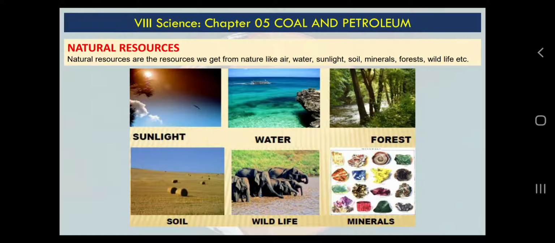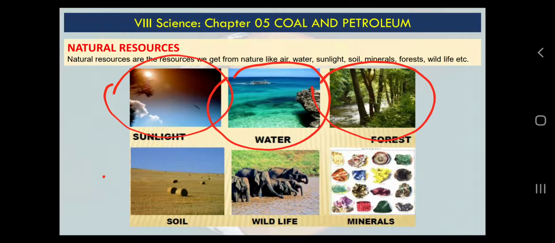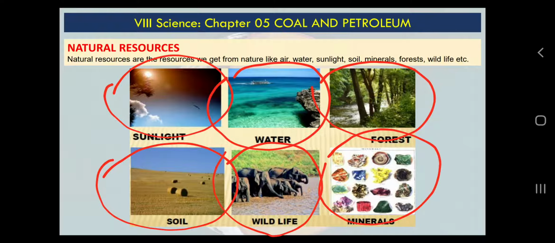So as you can see in this slide of the presentation, sunlight, water, forest, ground or soil, wildlife and minerals, and there are many more natural resources, and each natural resource has several uses.